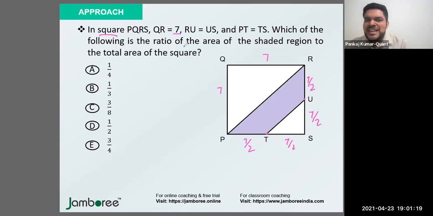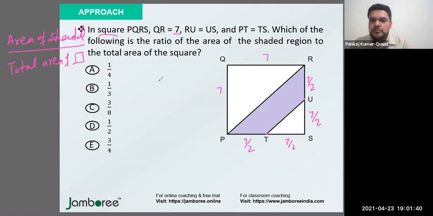Which of the following is a ratio of the area of the shaded region? Okay, I need to figure out what. Shaded region divided by, because I'm looking for the ratio, the total area of the square. That's what exactly we're looking for.